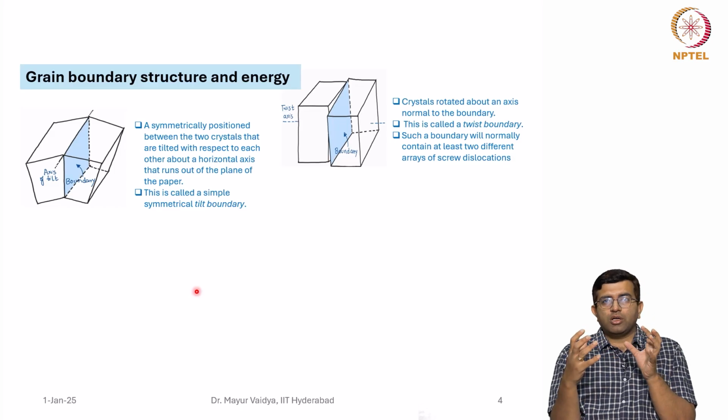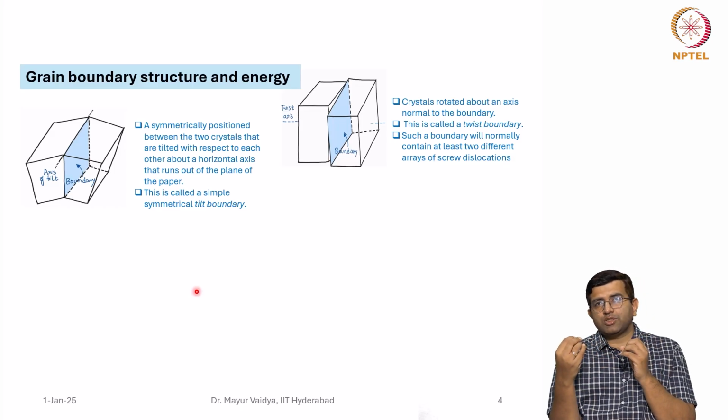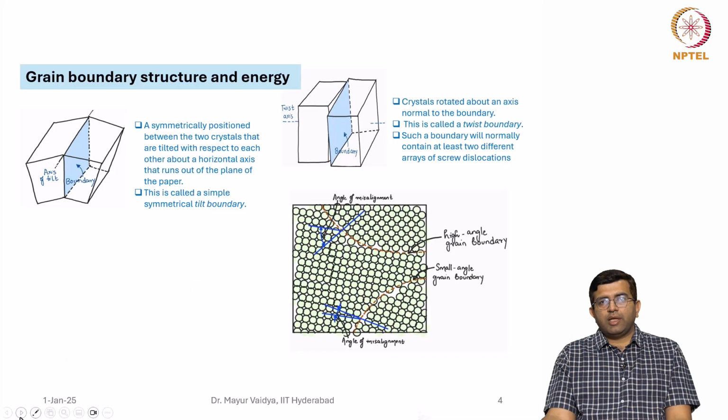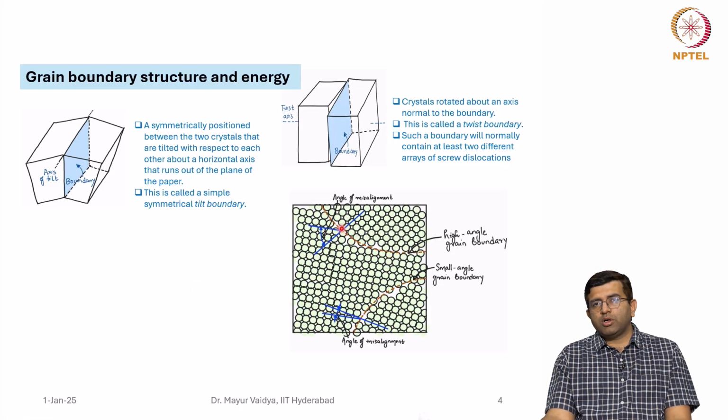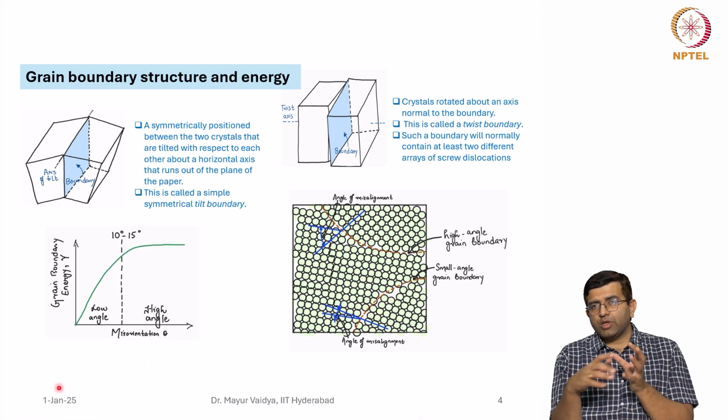So, depending on the grain boundary type, structure and energy, the diffusion can also be different. I already told you whether these are high angle or low angle grain boundaries matters, because that determines the energy of the grain boundaries.